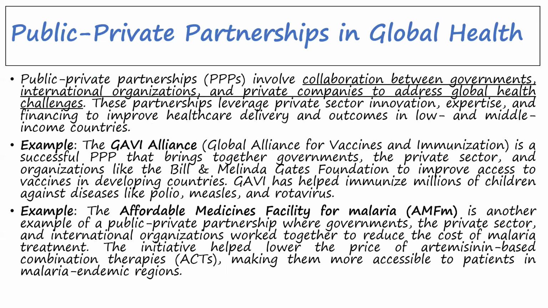Then public-private partnership in global health. Sometimes the government has to work with private companies or organizations. They need to collaborate to ensure that they address the global health challenges. There are many examples, but I need you to also think about examples in your localities.